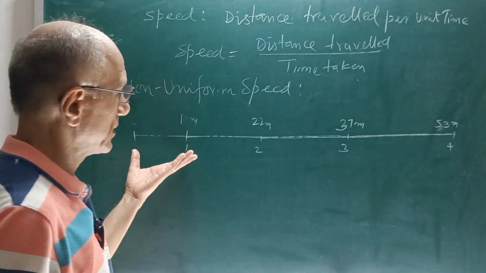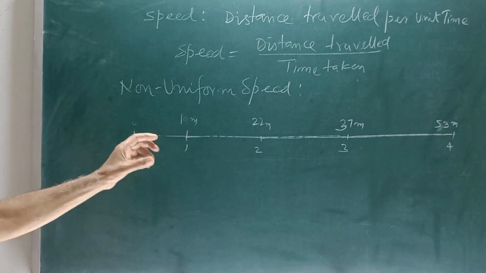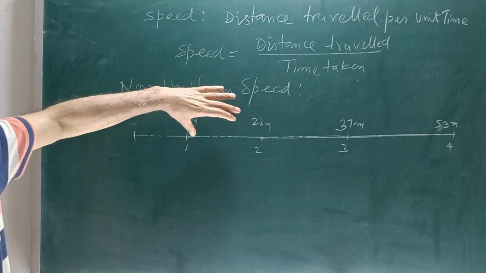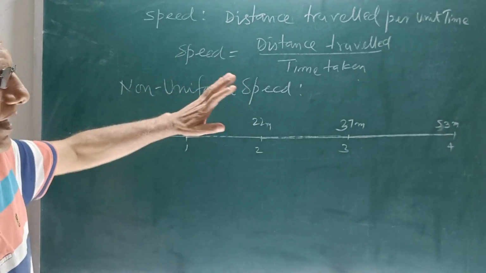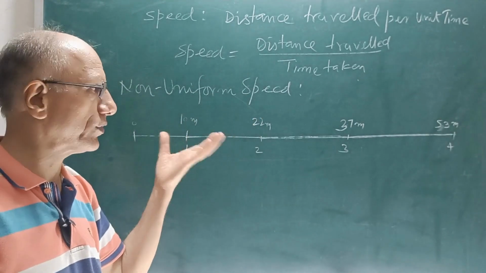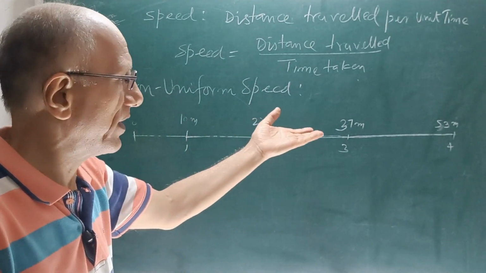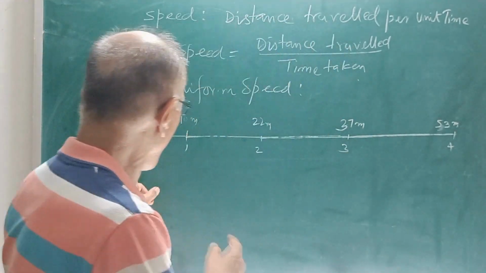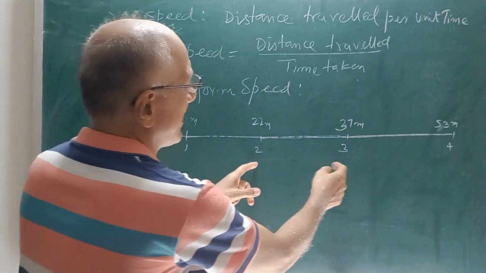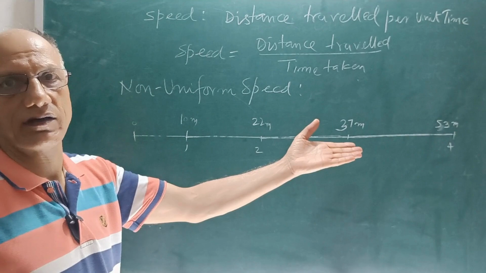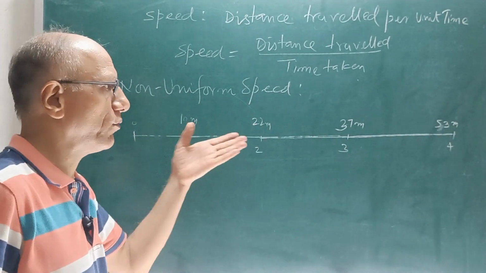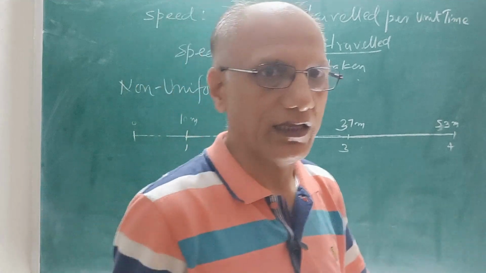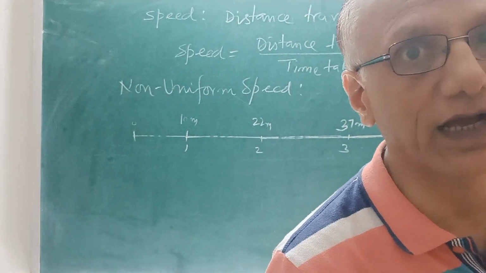So what you observe here, in the first second he is traveling less distance, in the second he is covering 12 meters, that will be more than the first one, then further, that means in every 1 second he is not having the same distance, he is covering more and more distances, means he is in a hurry, so he is speeding up.